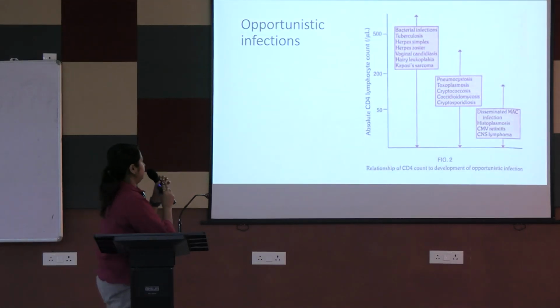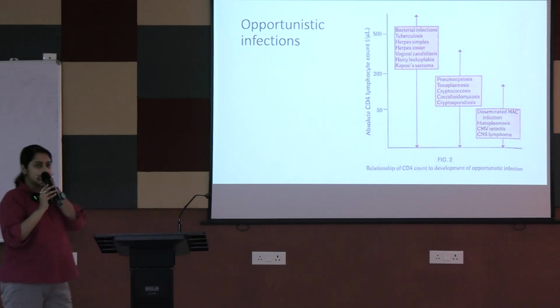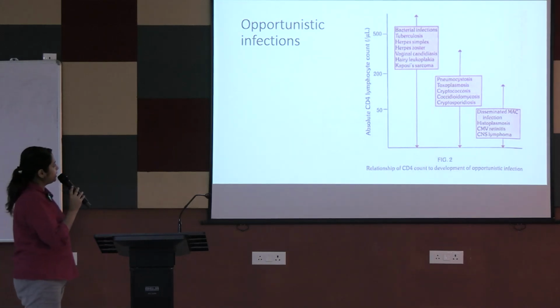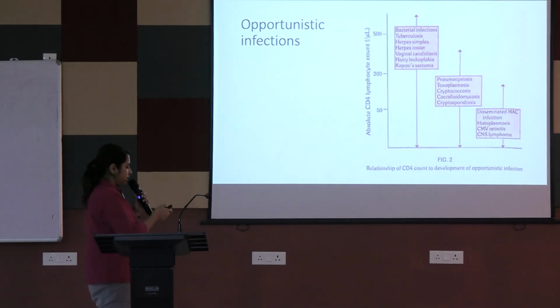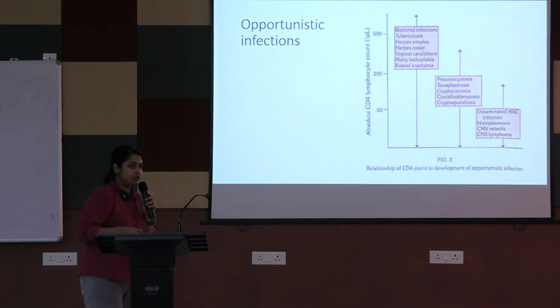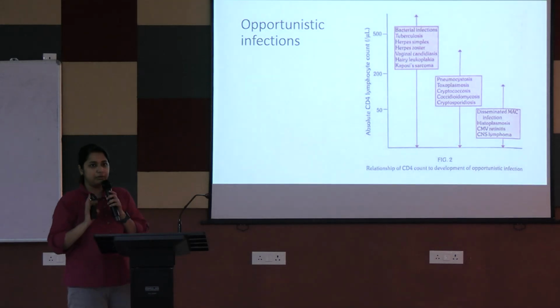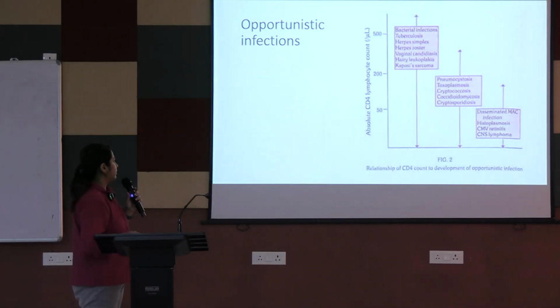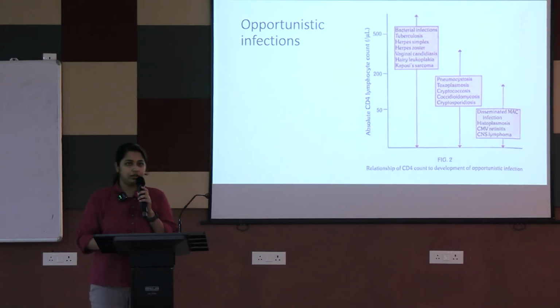It is this diagram in Park. The opportunistic infections. On the left, that is the y axis, there is the absolute CD4 lymphocyte count, meaning the CD4 T4 helper cells count. And these are the diseases. So around 500 cells per microliter is there, that is, it has not gone under 200.